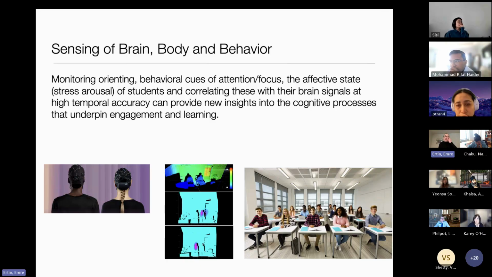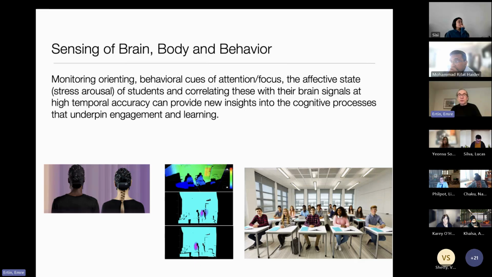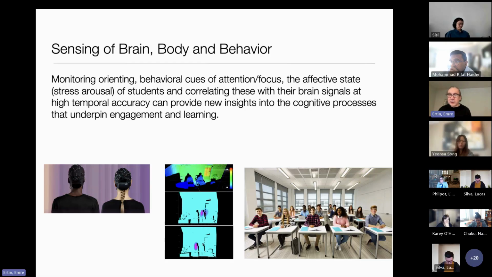If we had better observations about how they orient themselves, their gaze, their behavioral cues of attention and focus, whether they are fidgeting, whether they are stressed, whether arousal is present, maybe we can correlate these with brain signals and gain new insight into the cognitive processes that underlie the learning process.